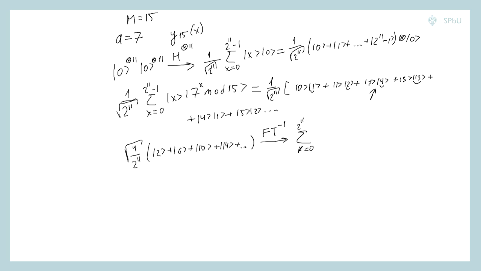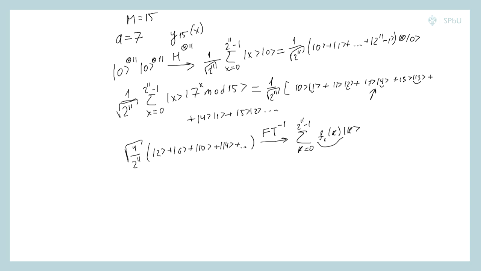And we want to perform the inverse QFT and obtain the following expression: the sum over k from 0 to 2 to the power of 11 minus 1 of f of k on the state k. Here f of k is the probability amplitude for state k.